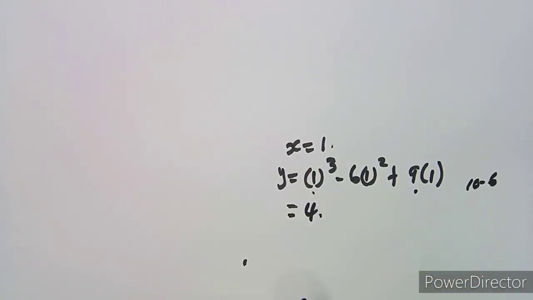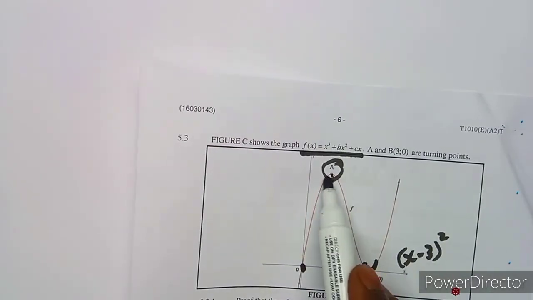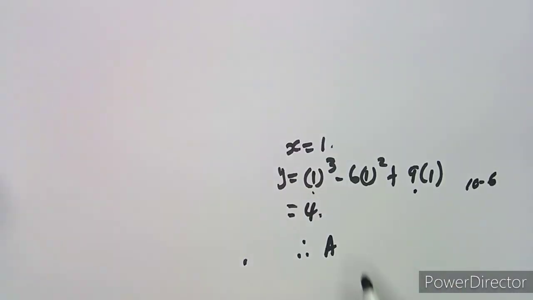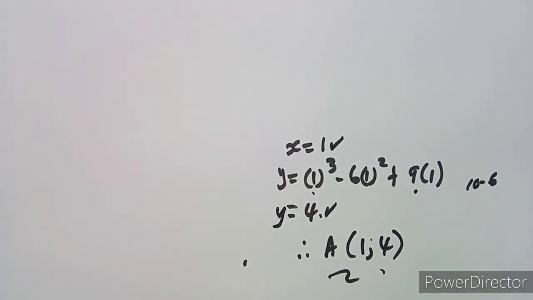So therefore, the point A, which is the turning point that we are talking about here, is going to be (1, 4). It's a point, so the value of x is 1, the value of y is 4. That is what the question was asking you to do.